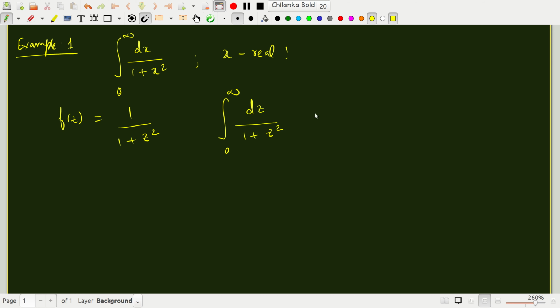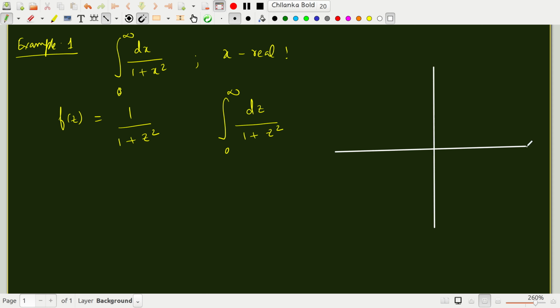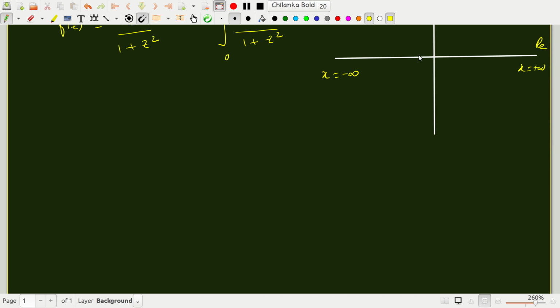Again, the integral is along the real axis, going from x equal to minus infinity to plus infinity. This is the real axis, this is the imaginary axis. So this appears to have little to do with a contour integral.